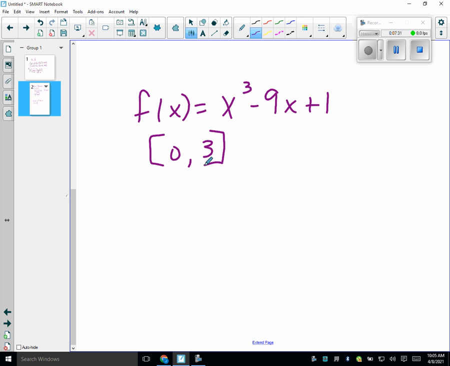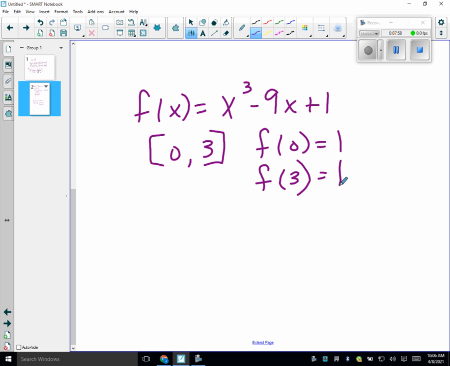If it applies, it means f of 0 equals f of 3. What's f of 0? 1. What is f of 3? 27 minus 27 plus 1, which is 1. So it applies. That means somewhere in there, the derivative equals 0.